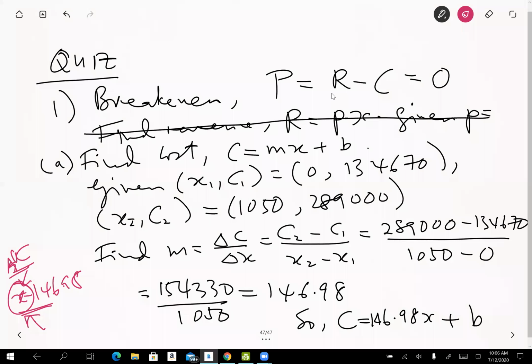So you got M equal to that, and then you know the fixed cost is B. Fixed cost is B. But we just go by the theory, by the method. You find B by substituting any one point into C, and then you find B. And that you will get, of course, the value of the fixed cost.